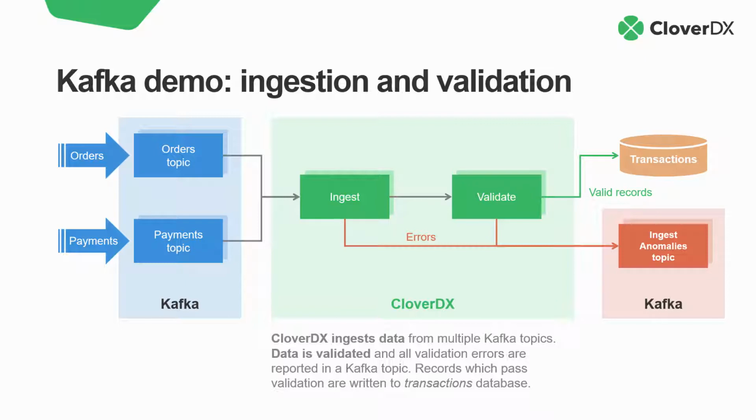These consumer jobs parse the event payloads and validate their content using business rules. Valid events are then transformed and loaded onto a transactional database. Invalid events are packaged, along with their relevant error messages, into a JSON object and written to another Kafka topic that tracks ingest anomalies.